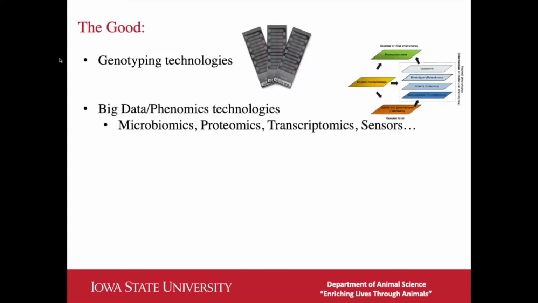We are creating new technologies in what we call big data and phenomics. Okay. Nowadays, we are starting to go beyond growth, number born alive, and so forth, and start looking more into physiological responses. We can look at the microbiome, the proteome, the transcriptome, and start using sensory data.